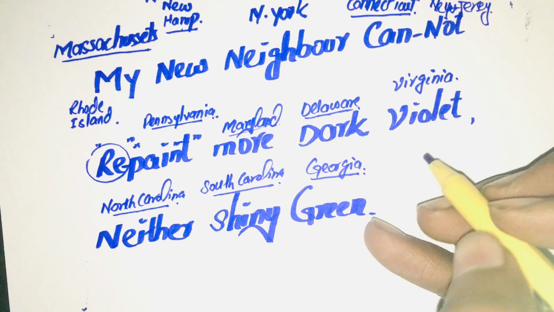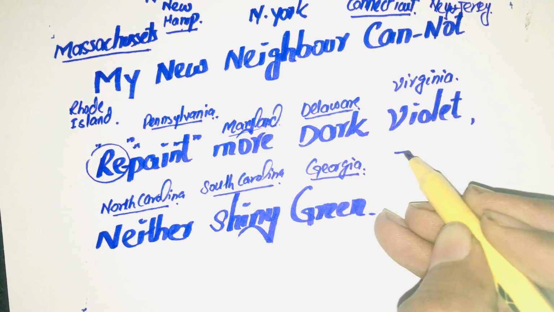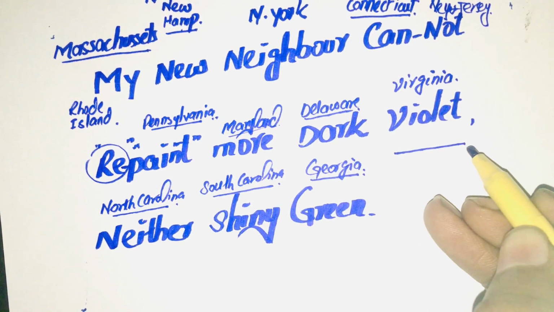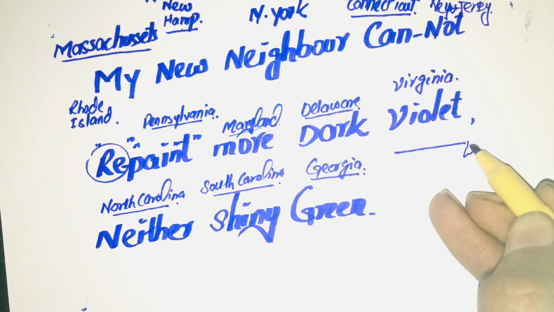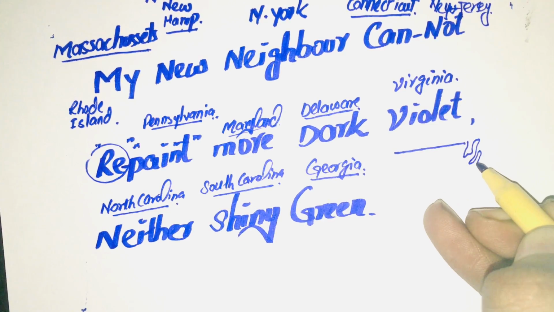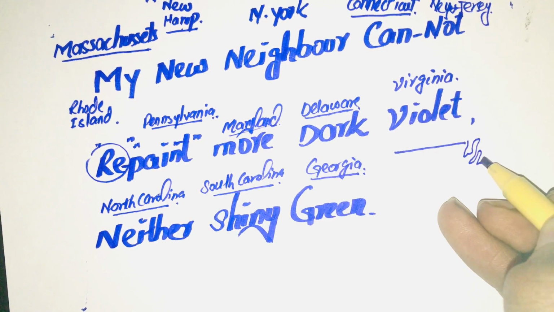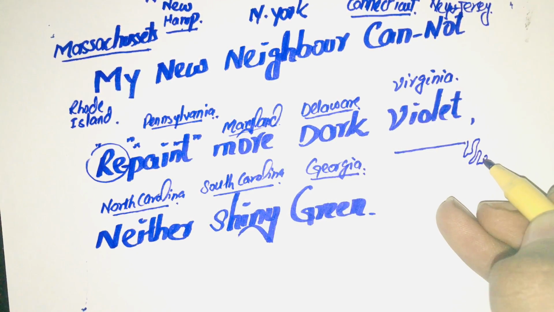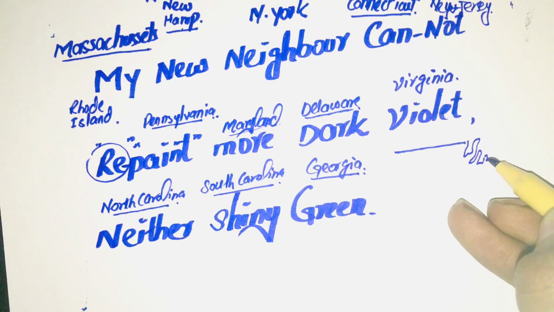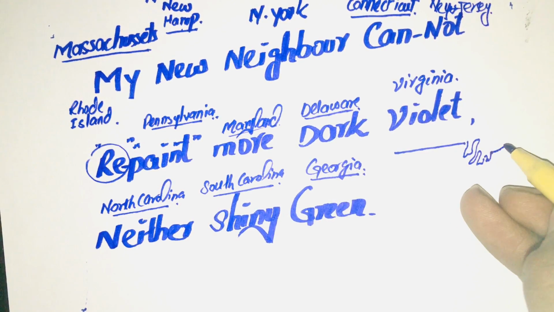Just I draw a US map here. If you can see what I am drawing, I just draw the US map. This is Lake Superior, then Lake Huron, then Lake Erie, Lake Michigan. There are 4 lakes.